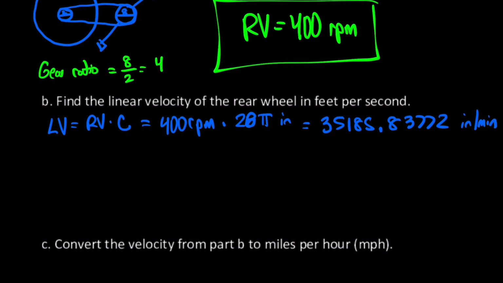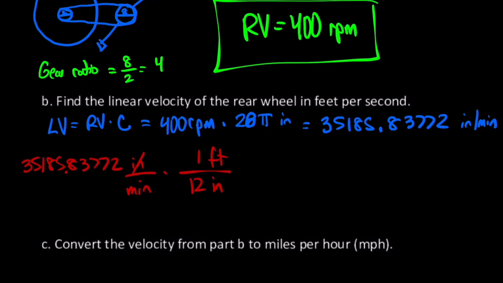Now, it tells us specifically feet per second. So we have to do a couple conversions. We have to convert inches to feet and minutes to seconds. I'm a big fan of these conversion factors, so I'll write that out here. 35,185.83772. I'd obviously keep all that information in the calculator. Inches per minute. Okay, so let's go inches to feet. So 1 foot, 12 inches.